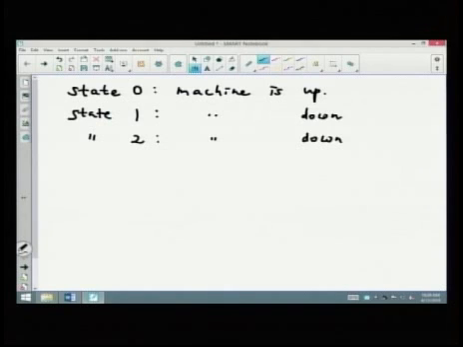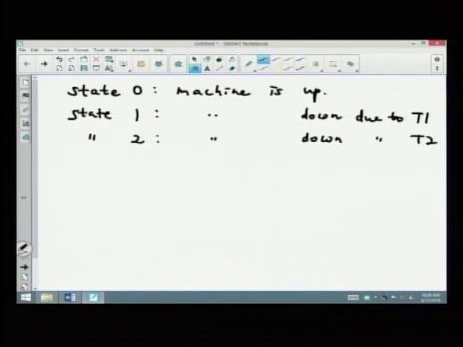State number 1 means the machine is down due to type 1 failure, whereas state number 2 means the machine is down due to type 2 failure.